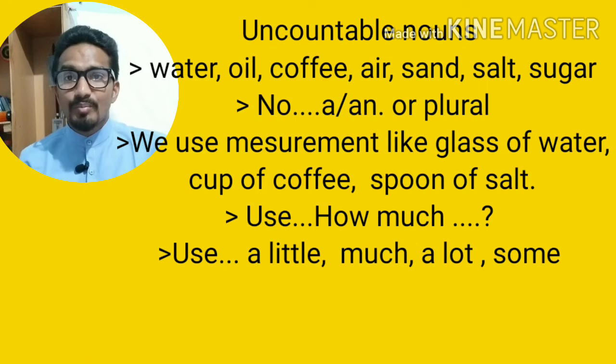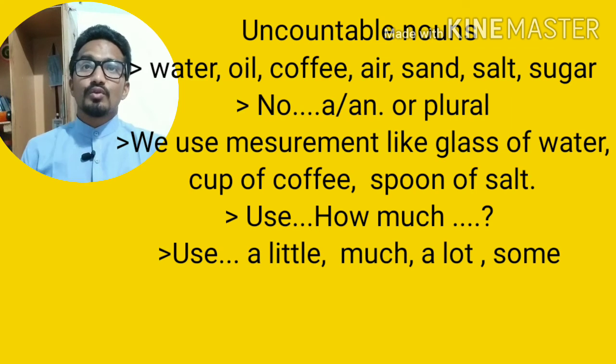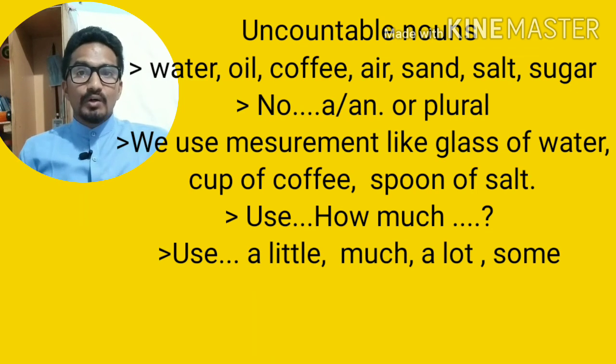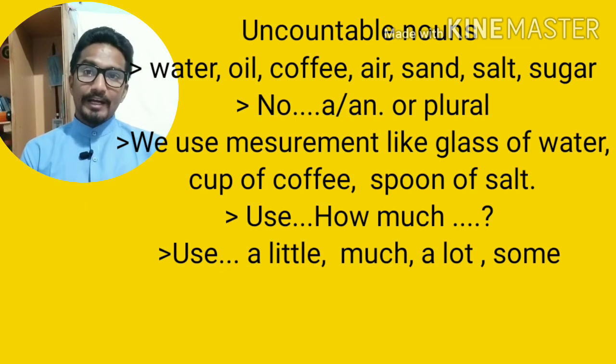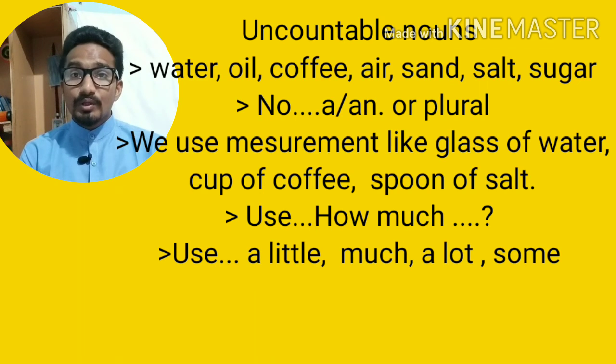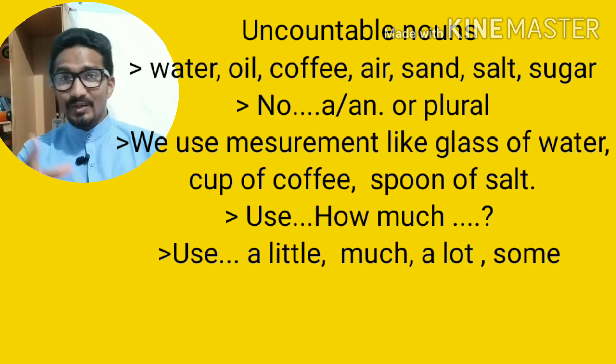For uncountable, much milk I have, and a lot of is also used for uncountable noun. And again, we use some for both. For countable noun, I have some books. The same is used for uncountable noun: I have some water.